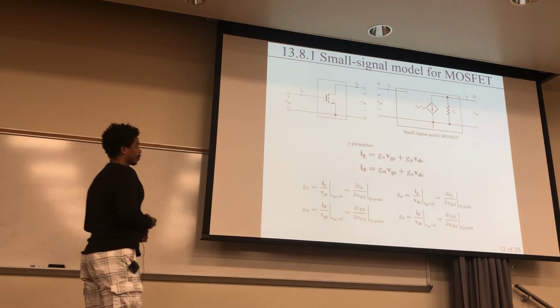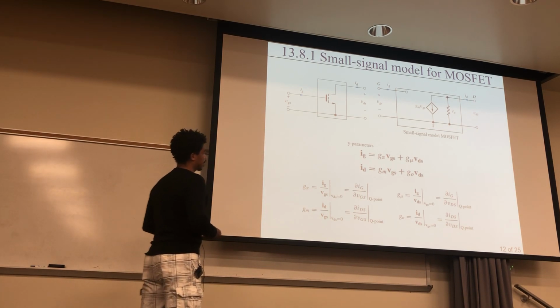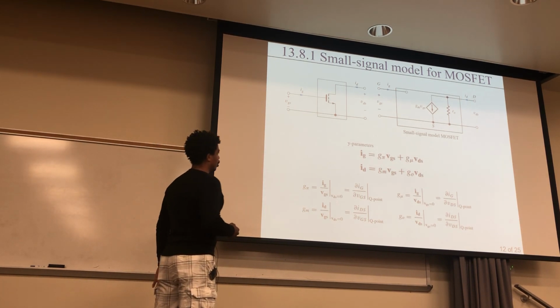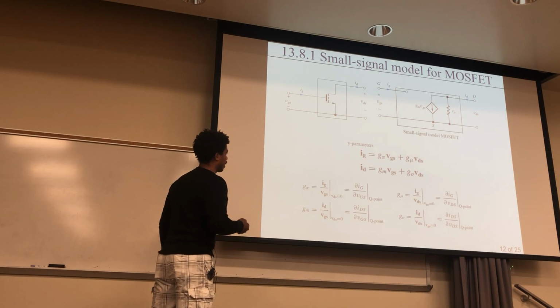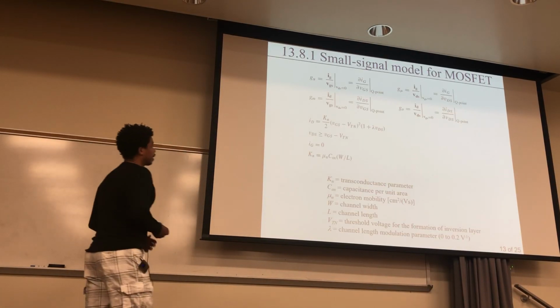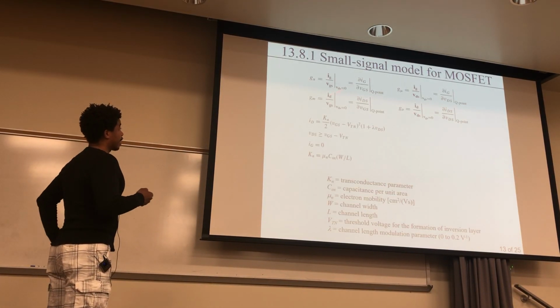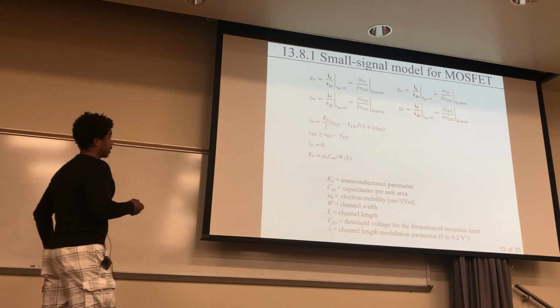Okay, so like last time for the BJT, what we can do is look at these parameters right here, and then do our partial differentiations applied at the Q point. So if we did that and we plug these values in for ID, VDS, IG, and this Kn.